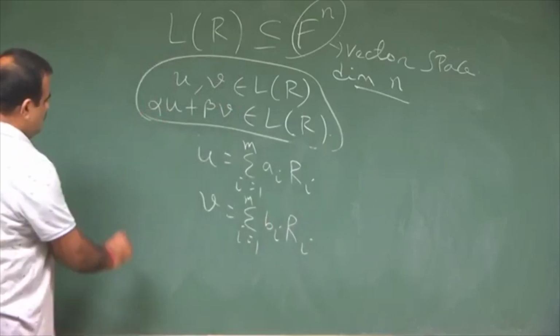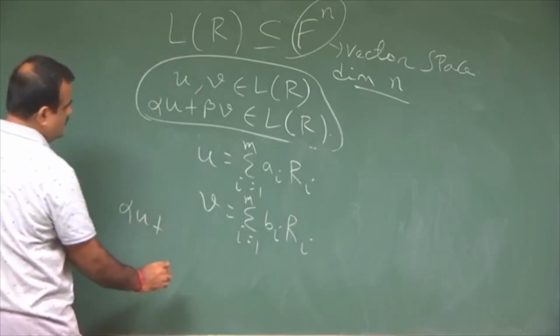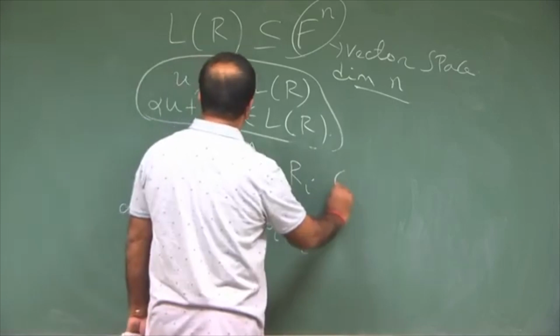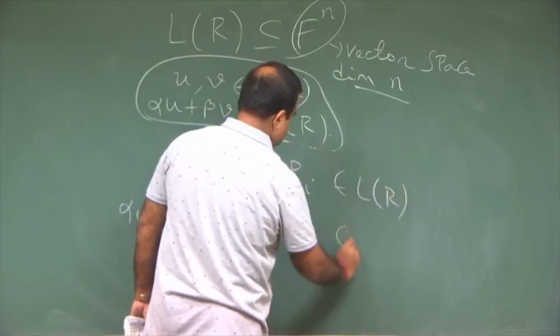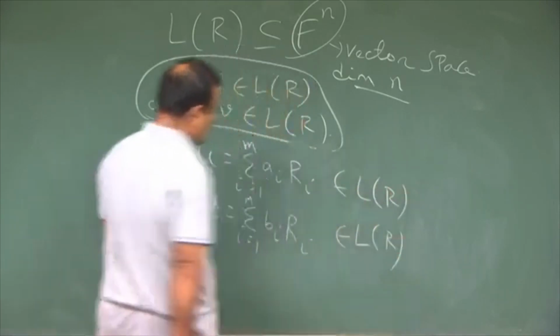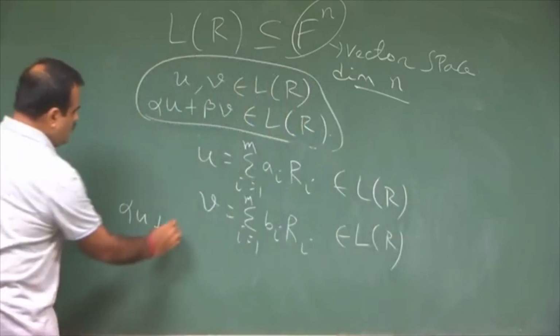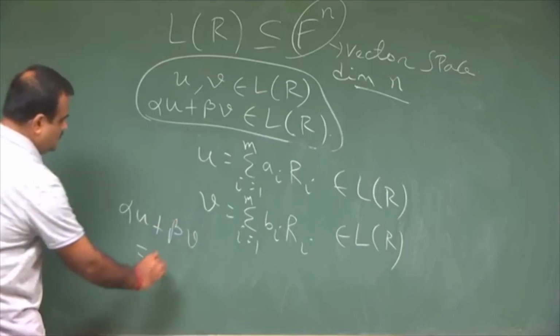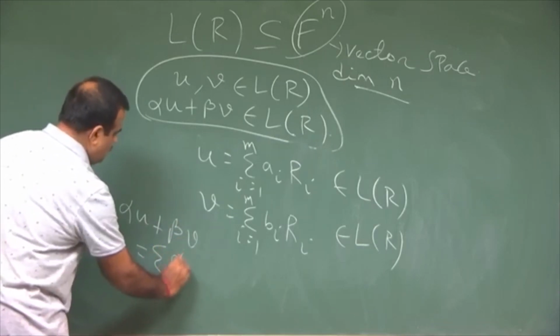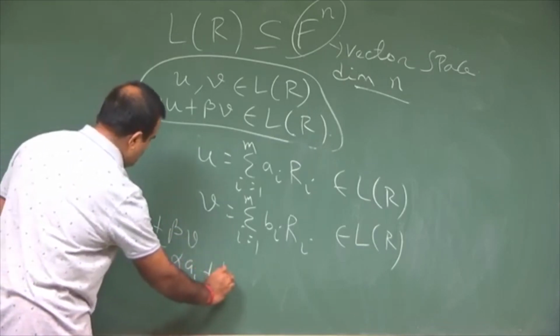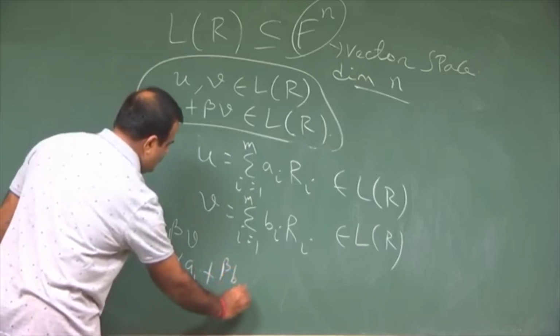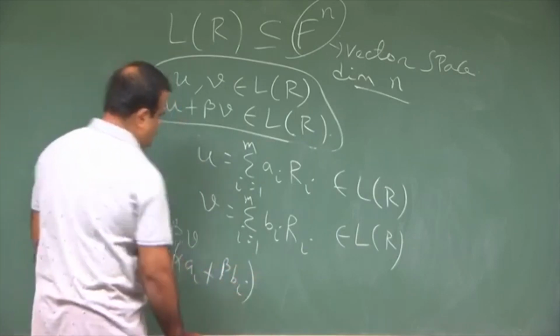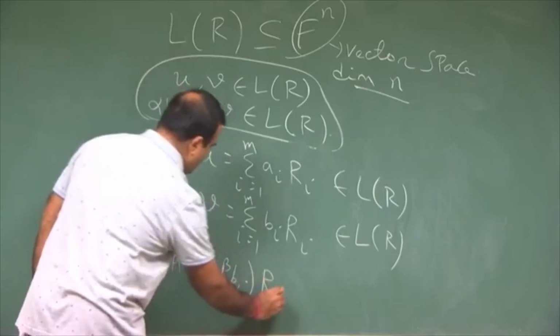Then alpha u plus beta v can be written as the summation of alpha a i plus beta b i, times r i.